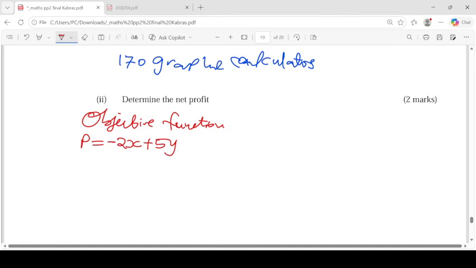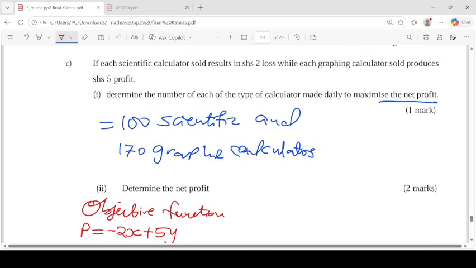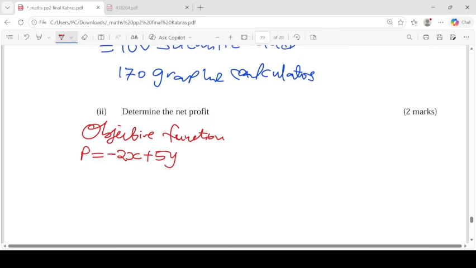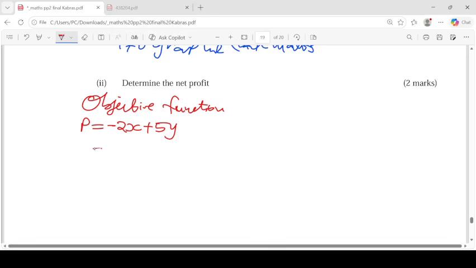So for maximum profit, we found 170. So this is negative 2 into 100 plus 5 into 170.